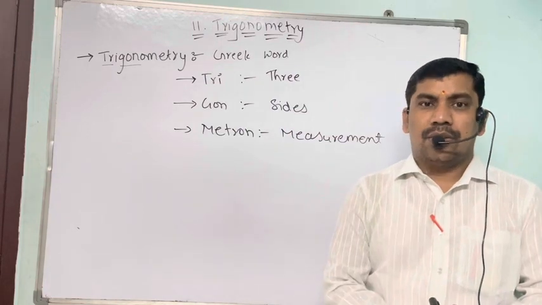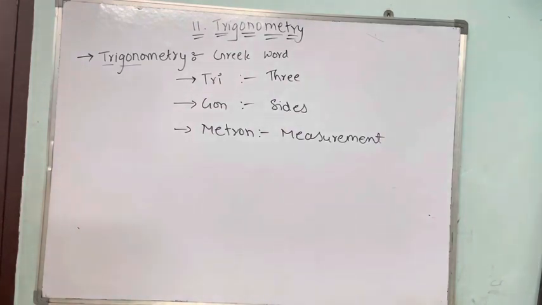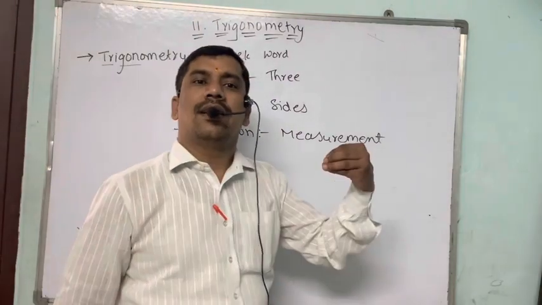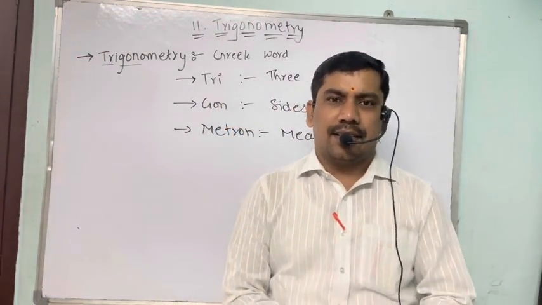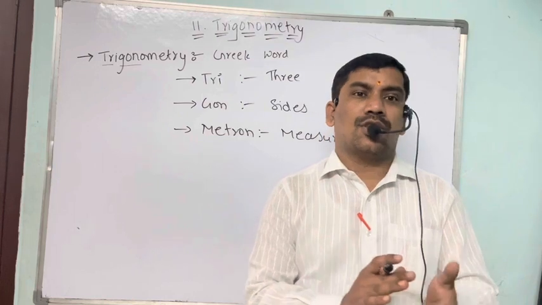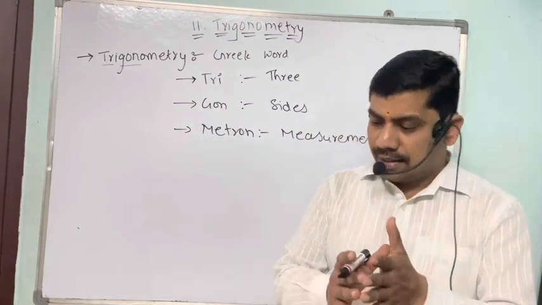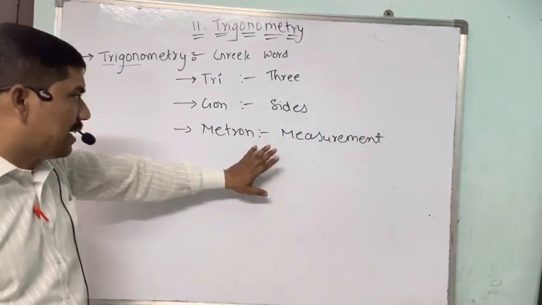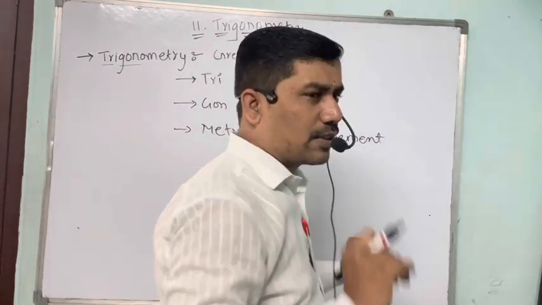Okay students, whenever we discuss 3 sides, that means we are going to deal with a triangle. Right, so we are going to discuss the geometrical shape, that is the triangle, and in that we'll be discussing mostly the sides and even angles also.